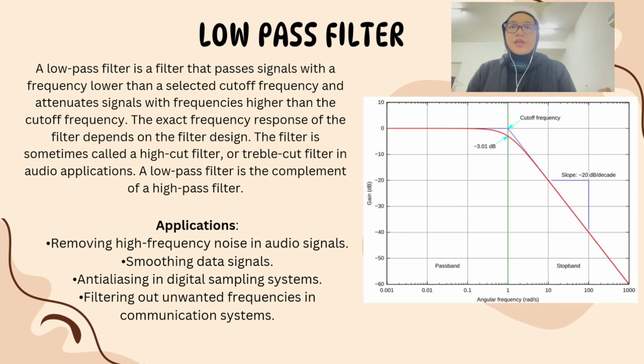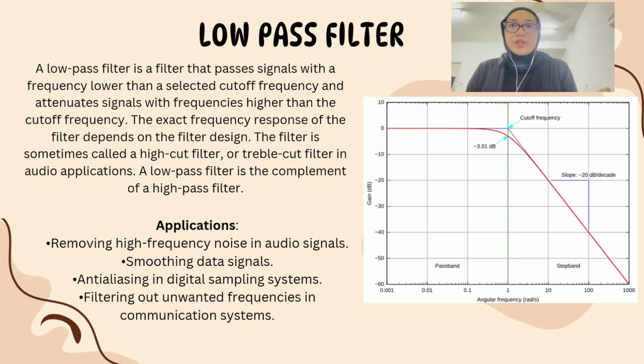Okay, so I will explain about the low pass filter. A low pass filter is a filter that passes signals with a frequency lower than a selected cutoff frequency and attenuates signals with frequency higher than the cutoff frequency. The exact frequency response of the filter depends on the filter design. The filter is sometimes called a high cut filter or treble cut filter in audio applications.